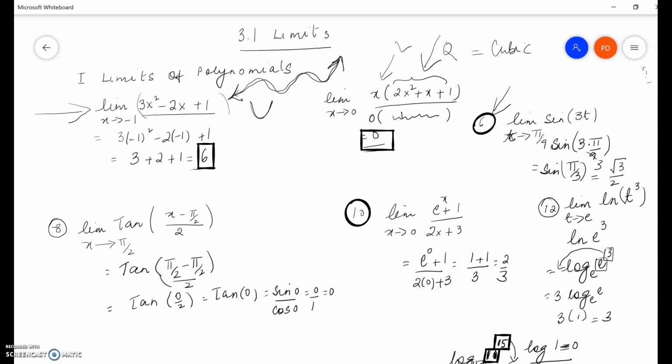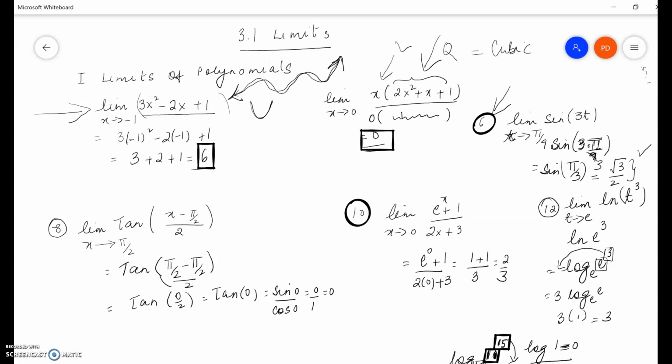So when we substitute, we get 3 times, and we plug in pi over 9. We can cancel the 3 with the 9. 3 goes 3 times into 9. And sine of pi over 3 is radical 3 over 2. So that is the value.